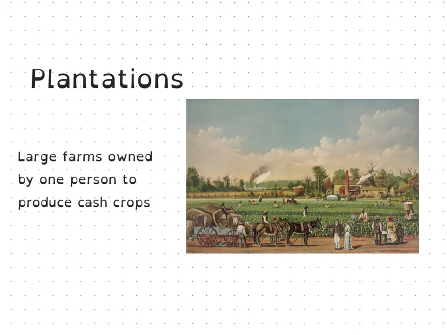So they are designed to be owned by one person in charge, and they're designed to grow those cash crops, designed to make money, and lots of people working them.